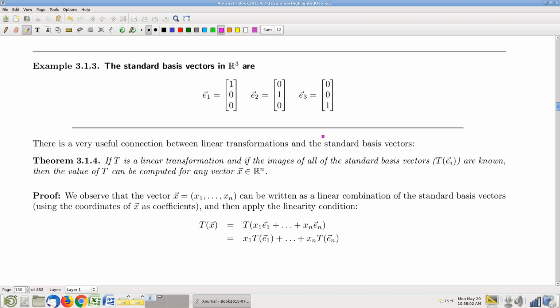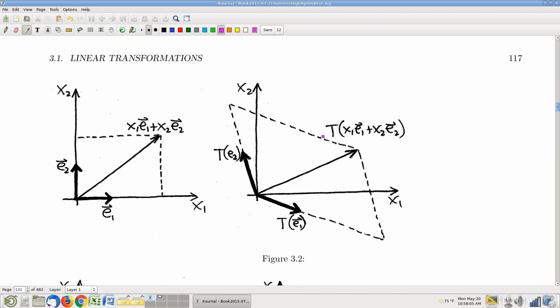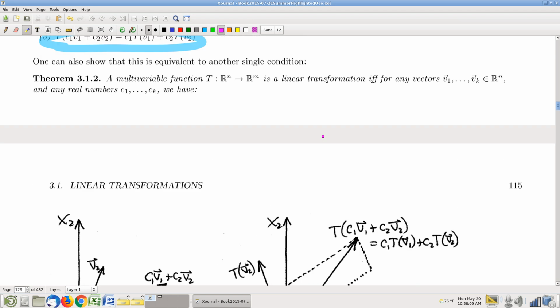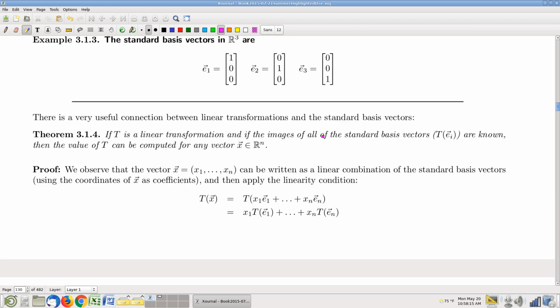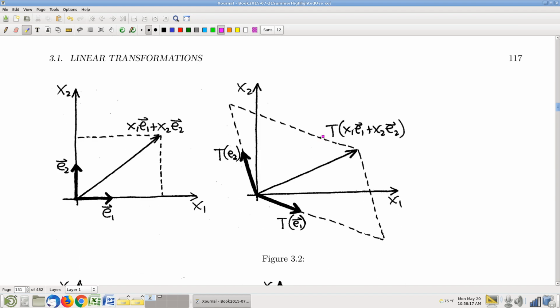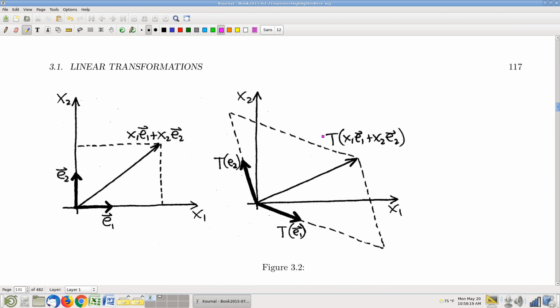Okay. All right, here's a picture of that proof. You'll notice this picture is not that different from this picture that we drew back here. It's a parallelogram in, parallelogram out. It's just a picture of linearity. Here I just wanted to draw a picture of how linearity is allowing us to do what we wanted to do there. Here's your first standard basis vector and its image. Here's a second standard basis vector and its image.